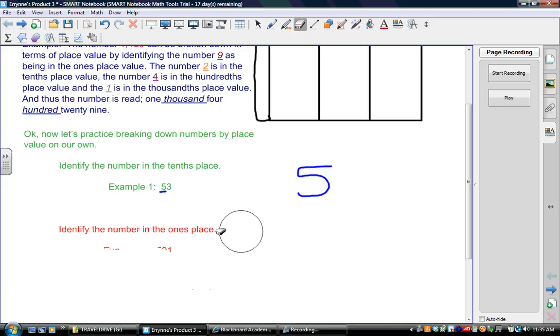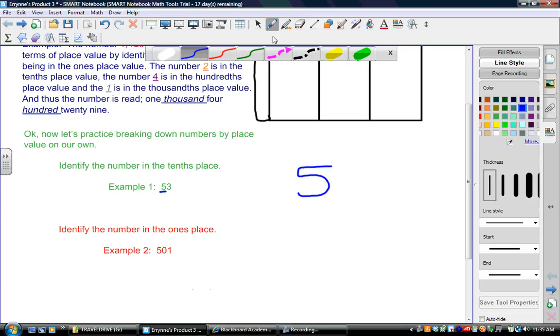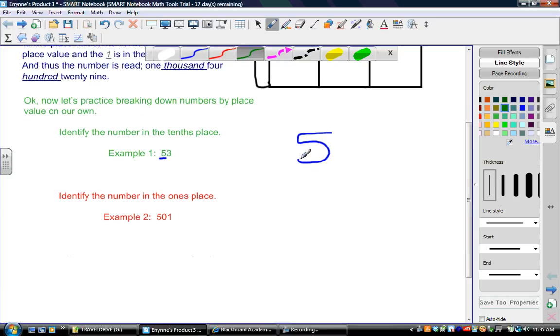Now I want you to identify the number in the ones place. Write in your notebooks number 2 and identify the number that is in the ones place of number 501. Sally, what is the number in the ones place? Number 1. Very good.